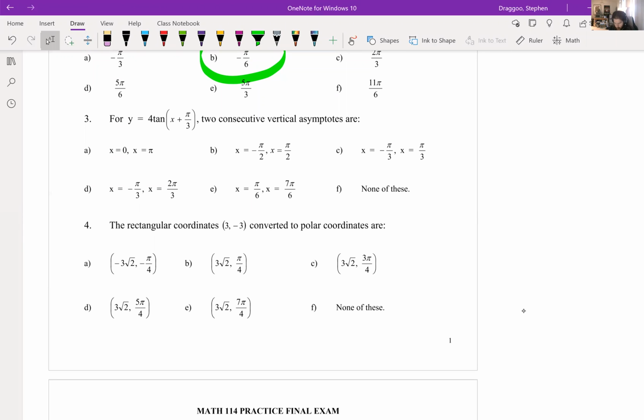4, y equals 4 tangent of x plus pi over 3. Two consecutive vertical asymptotes are, well, let's just solve for some. We'll take that inside, which is x plus pi over 3, and set it equal to pi over 2 plus k pi, since that's the formula for the asymptotes of tangent.